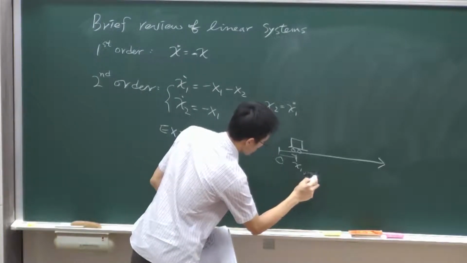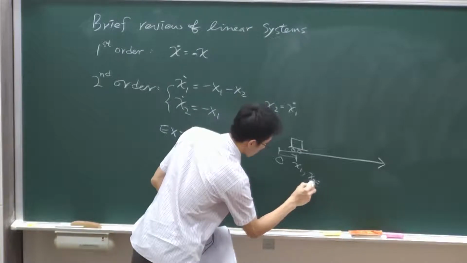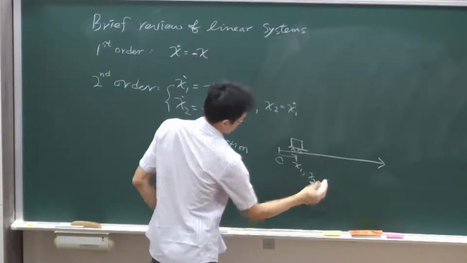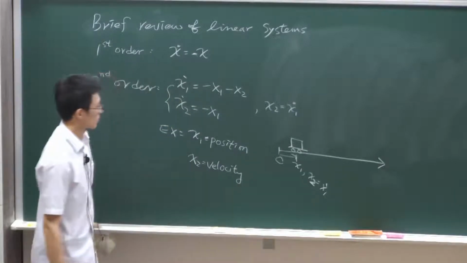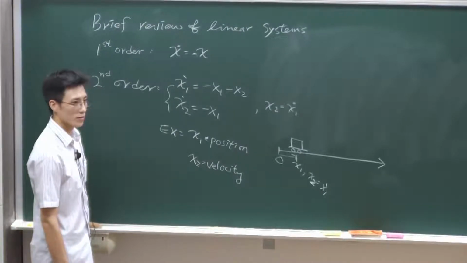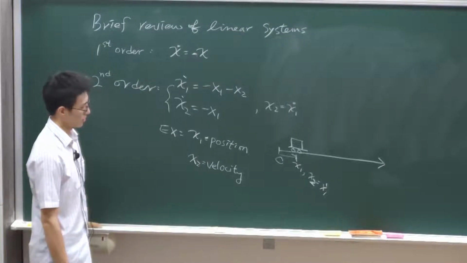So x2 will be x1 dot. So this is one example of second order systems.